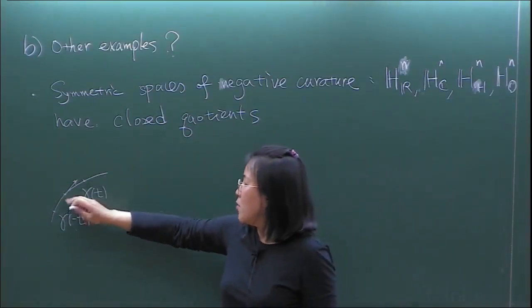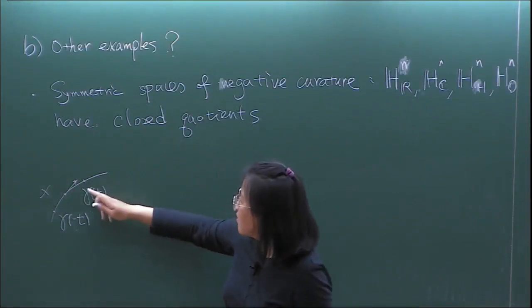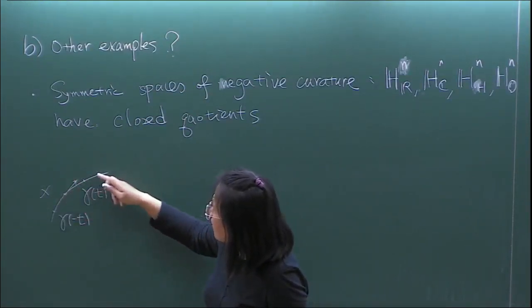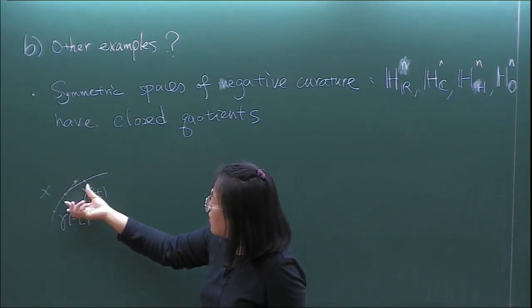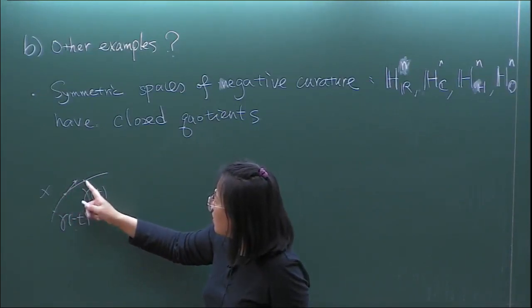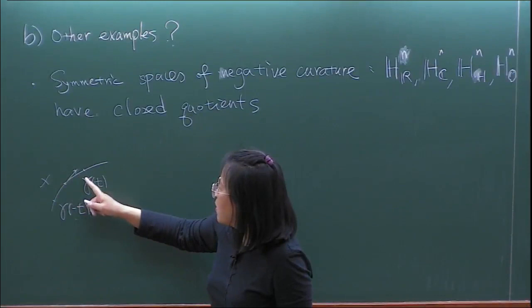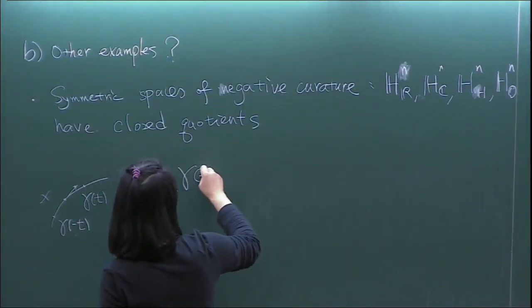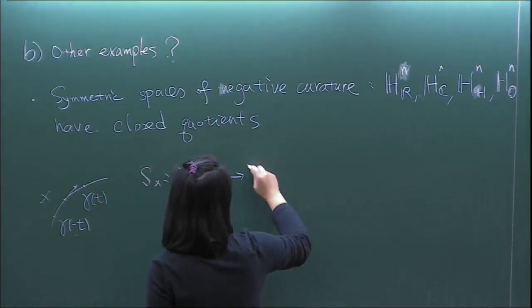You have a point x here, and locally in each direction you have a unique geodesic, and then you consider the map from gamma t to gamma minus t.